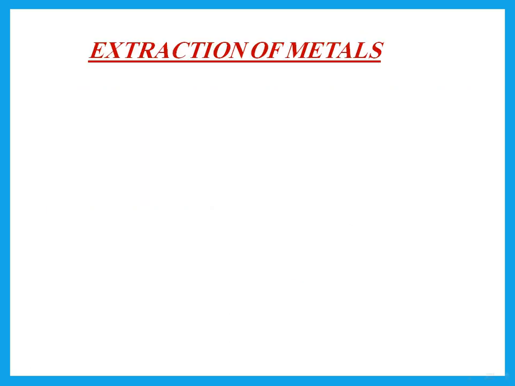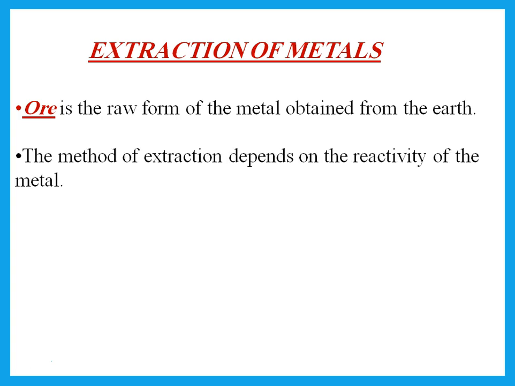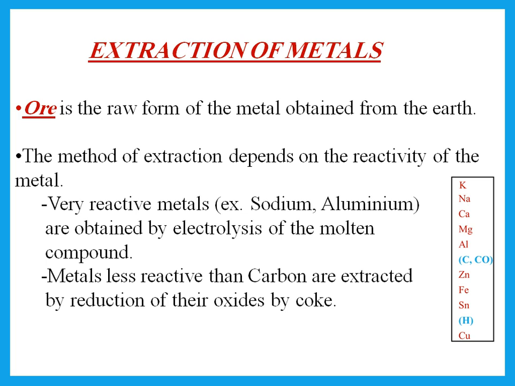Now we need to talk about extraction of metals. So remember that we extract metals from their ore. The ore is the raw form of the metal obtained from the earth. The method of extraction will depend on how reactive the metal is. So if we're trying to extract a metal that is very reactive, more reactive than coke or carbon, then I have to extract it by electrolysis.